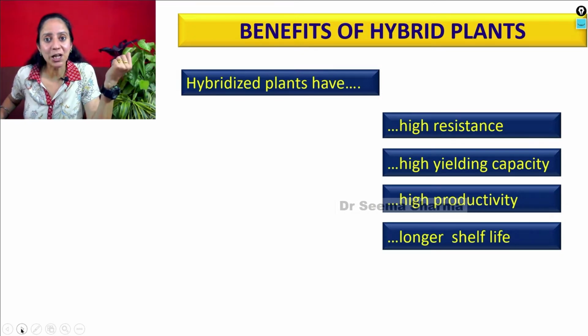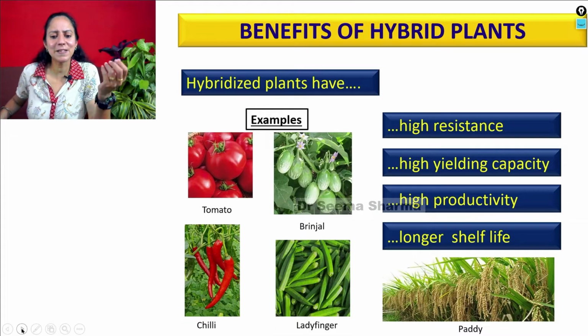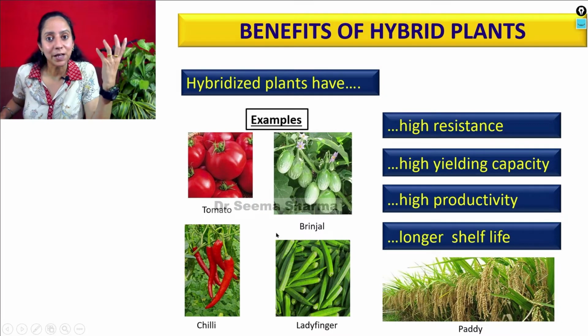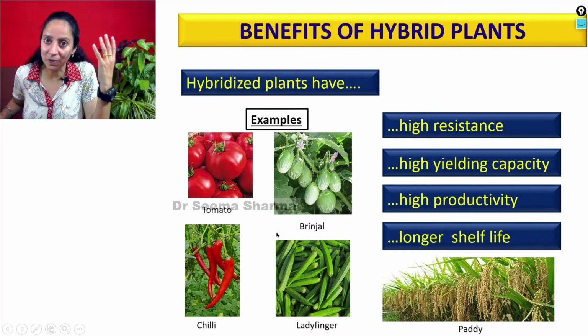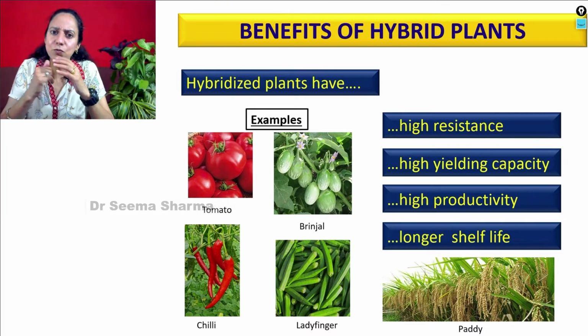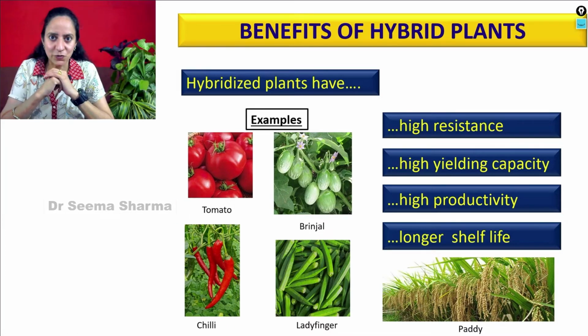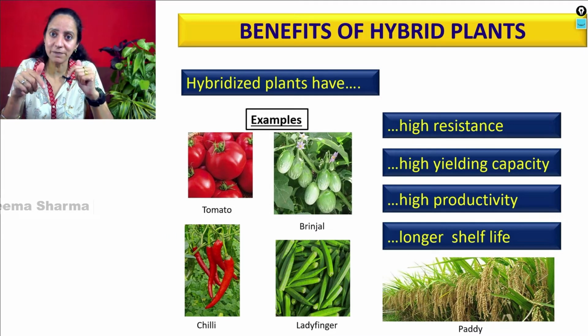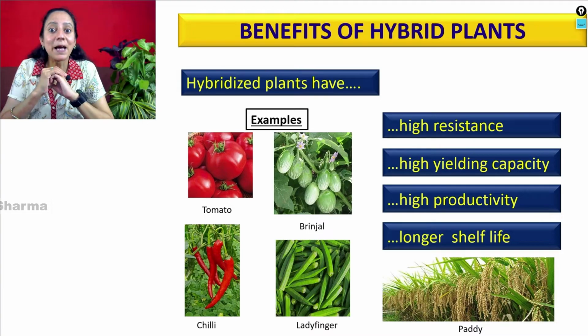They have longer shelf life, and these are a few examples of hybrid plants which agriculture scientists or plant breeders have made over the years. So children, this was it. Now I want you to see it yourself, how it is done by a plant breeder.